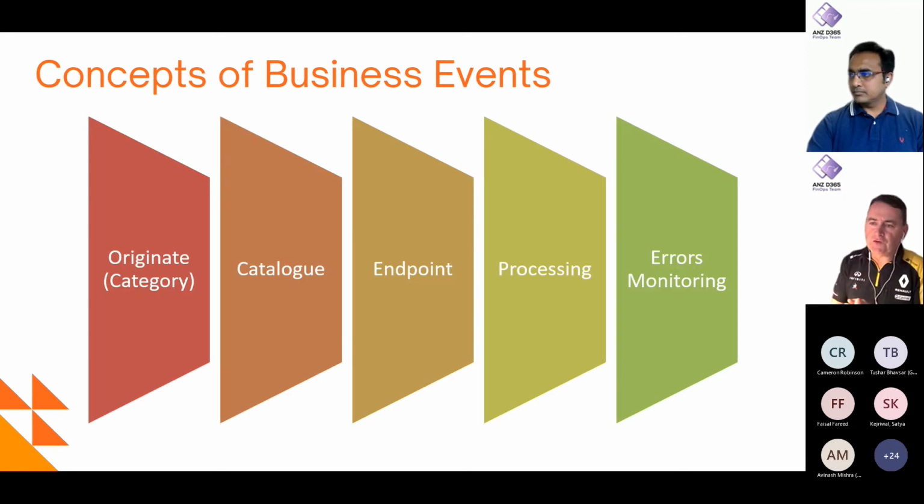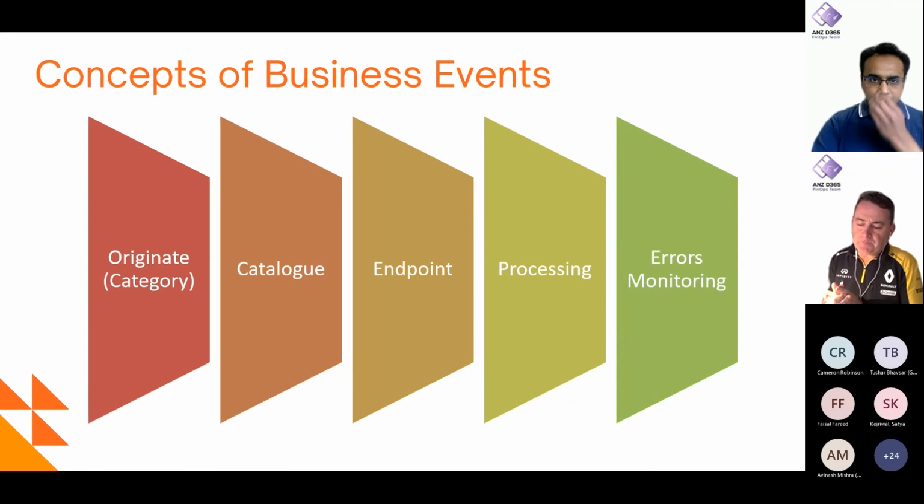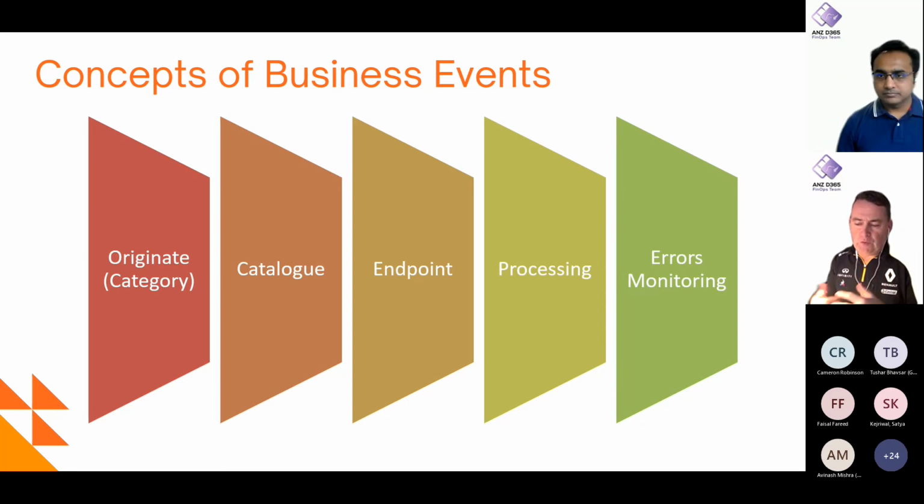So some of the concepts we're going to talk about to support this: really, we need a catalogue of events that are supported. And you'll see when we get into this that those events are categorised and grouped together based on whether maybe they're alert driven, or business process driven, or workflow driven, or whatever it might be.